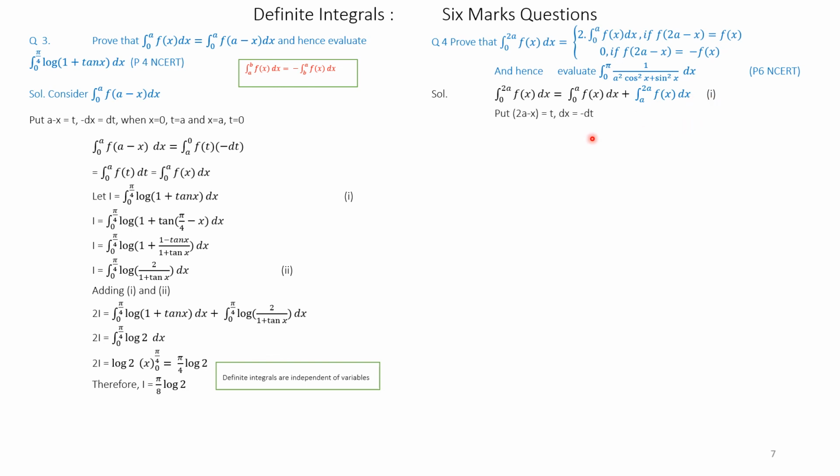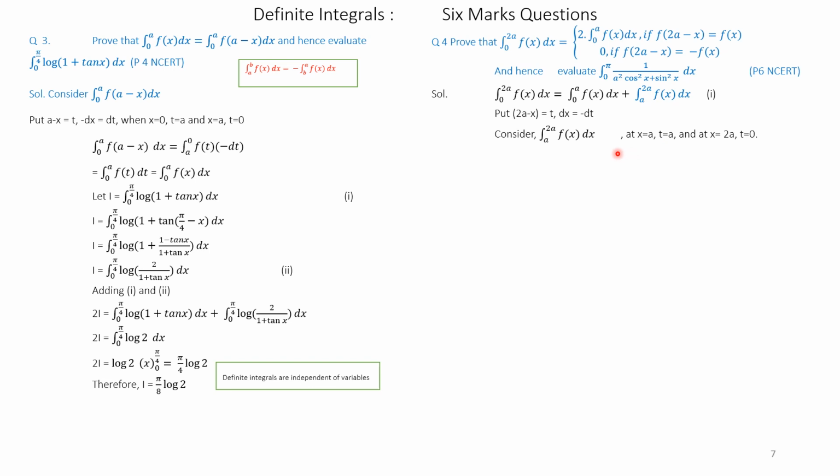Let it be equation 1. Put 2a minus x equal to t. Therefore, dx is equal to minus dt. Consider integral a to 2a, the second part in the right hand side, of f(x) dx.